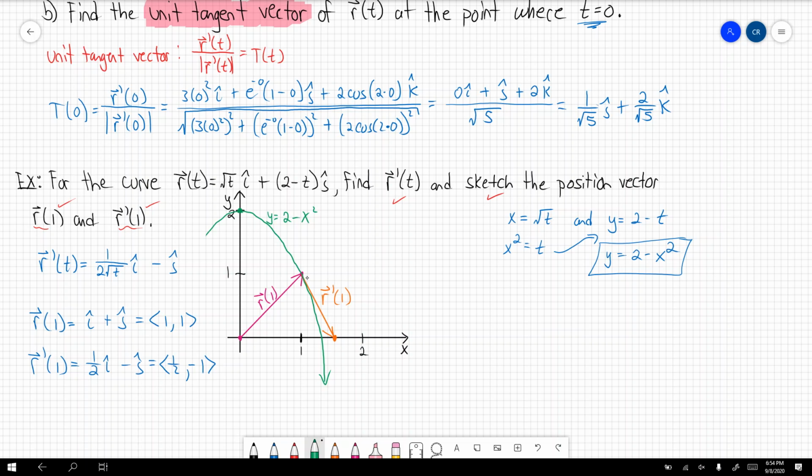Notice, did we find a position vector at t is equal to 1? We sure did. That t is equal to 1 finds that given vector. Is the orange vector here, r prime at 1, tangent to that given curve? Yes, it is. So on the exam, I could possibly give you a two-component vector and ask you to generate all of this that we just generated. In other words, can you find the derivative in terms of t, which we did, that was the first task.